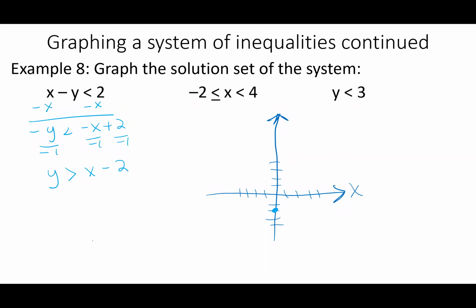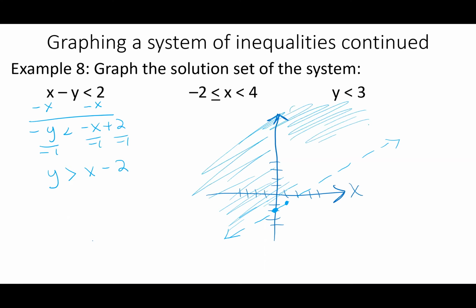My slope is 1, so I go up 1 over 1. It's not equal to, so this is a dotted line. It's greater than, so I shade above.